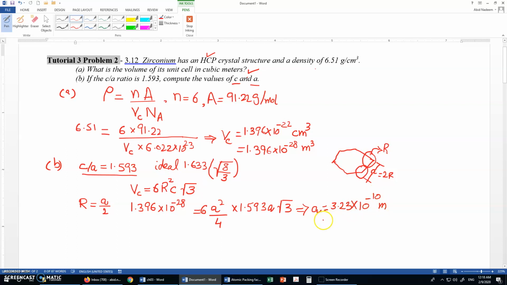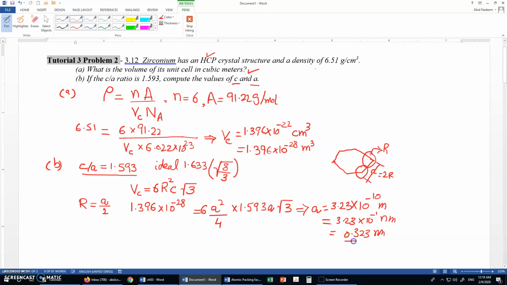In nanometer terms, we can multiply it with 10 to the power 9. So it will be 3.23 into 10 to the power minus 1 nanometer, or in other words, 0.323 nanometer.